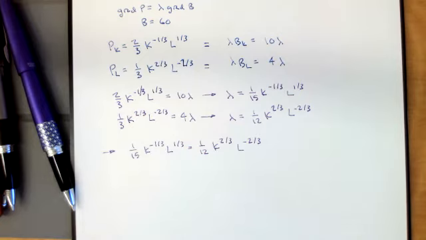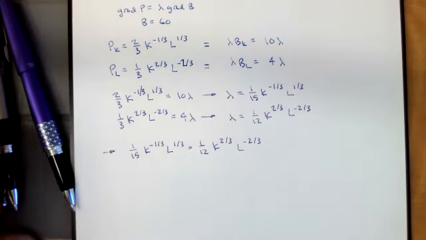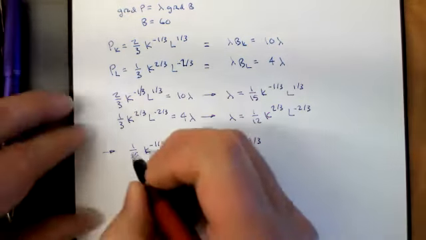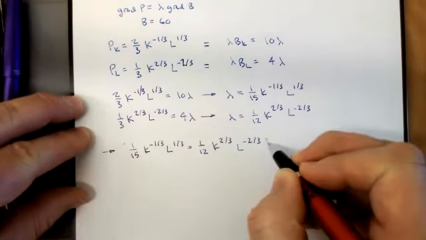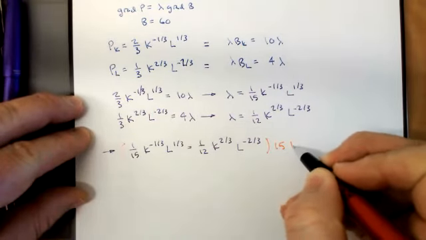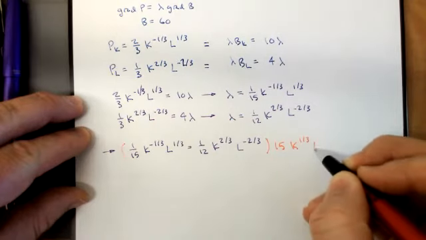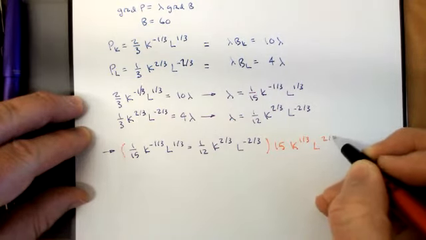And this is where I became super suspicious that these add up to 1, so this exact thing would happen. Now I can multiply to solve for L or K. I'm going to multiply by 15 K to the 1/3, L to the 2/3. So I'm going to take this equation from lambda equals lambda, and I want to multiply it by 15 K to the 1/3, L to the 2/3.